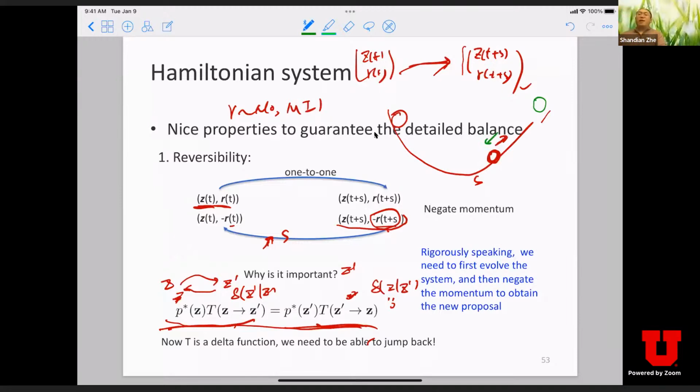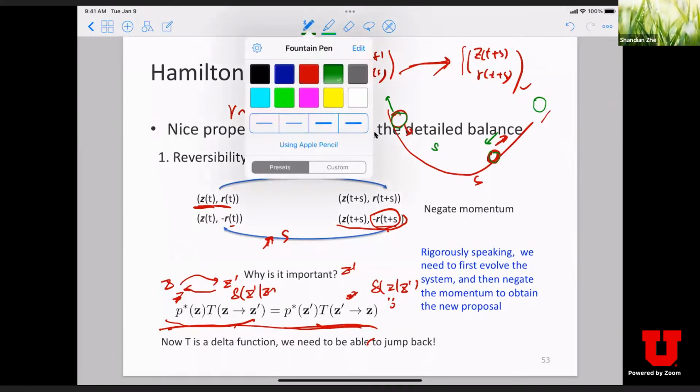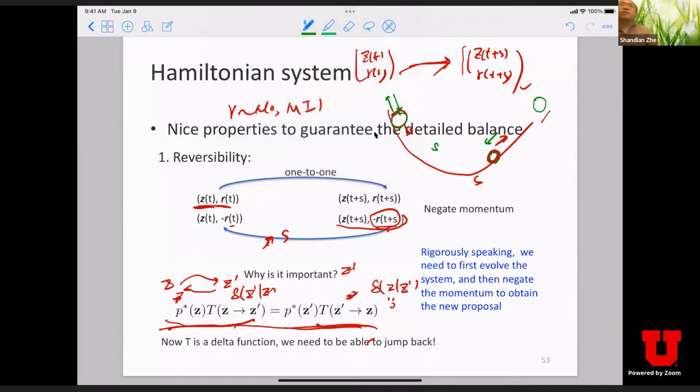And then you know that if you're starting from here, you just evolve the same amount of time to eventually return to the original position. But this is your current momentum, and at the original place, this is the original momentum. So you have to negate this again to completely recover the original state.